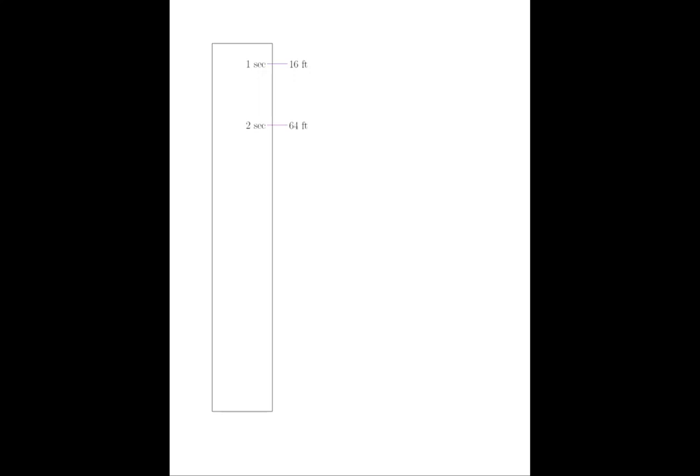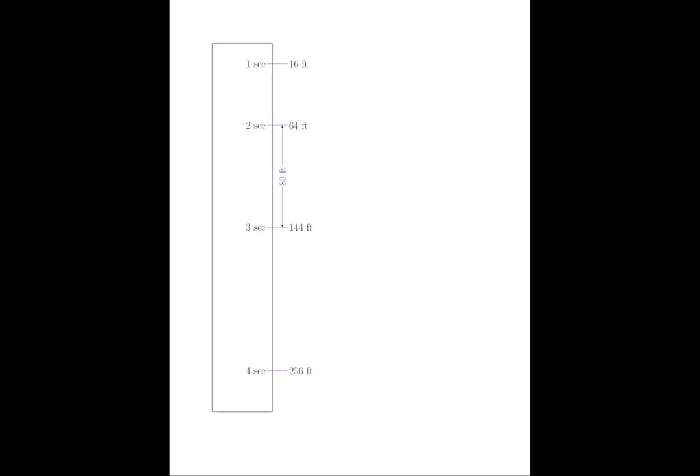At t equals 2 seconds, the ball is at 16 times 2 squared equals 64 foot mark. At t equals 3 seconds, the ball is at 16 times 3 squared equals 144 foot mark. At t equals 4 seconds, the ball is at 16 times 4 squared equals 256 foot mark.